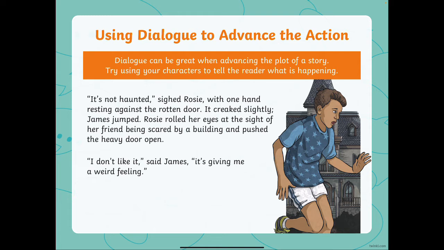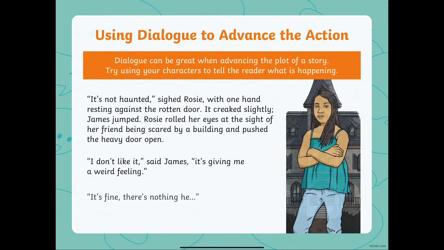"Oh, it's not haunted," said Rosie, with one hand resting against the rotten door. It creaked slightly. James jumped. Rosie rolled her eyes at the sight of her friend being scared by a building and pushed the heavy door open. "I don't like it," said James. "It's giving me a weird feeling." "It's fine.